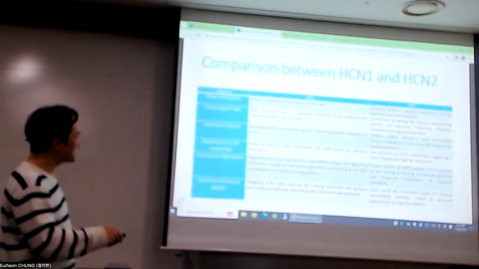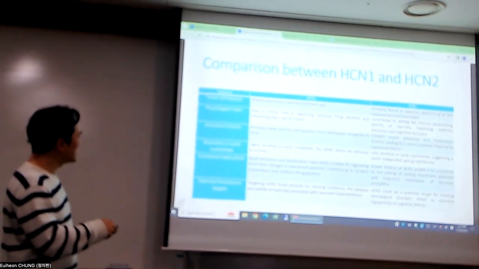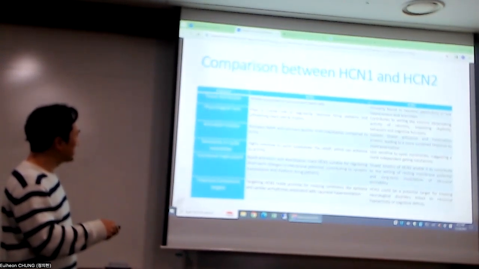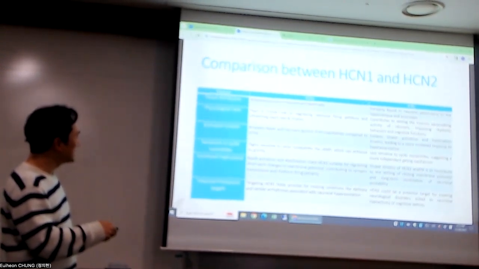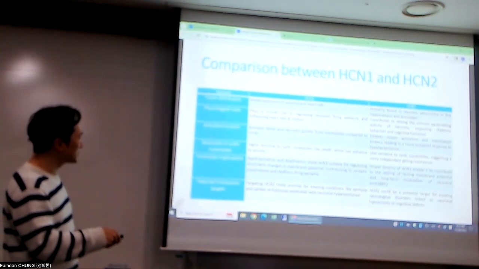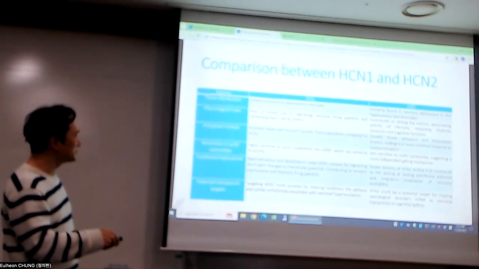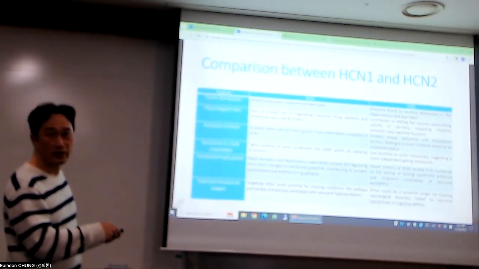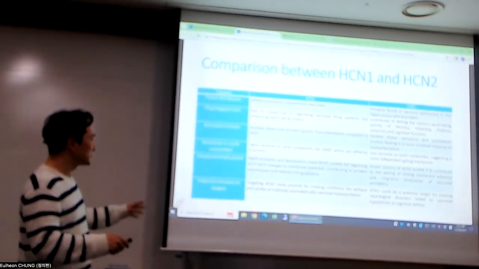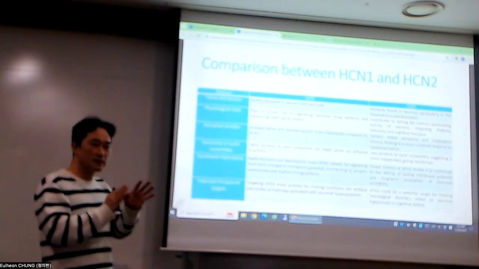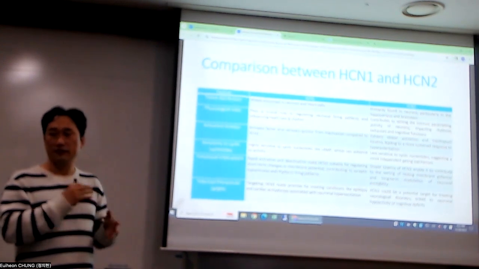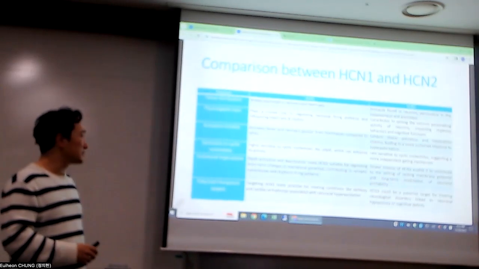So HCN1 is more about the heart, but HCN2 is more about neural activity and cognitive function, because it is expressed in the hippocampus. There are slight differences in the functions, which you can read about.